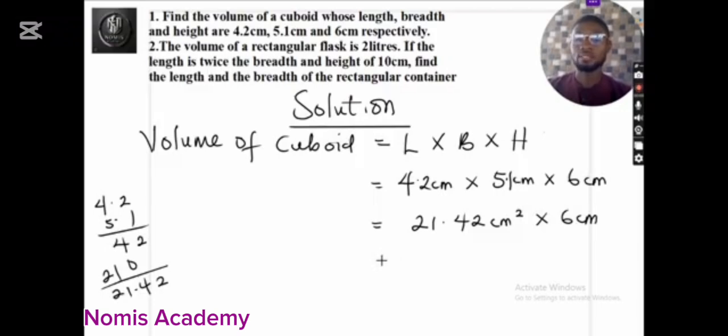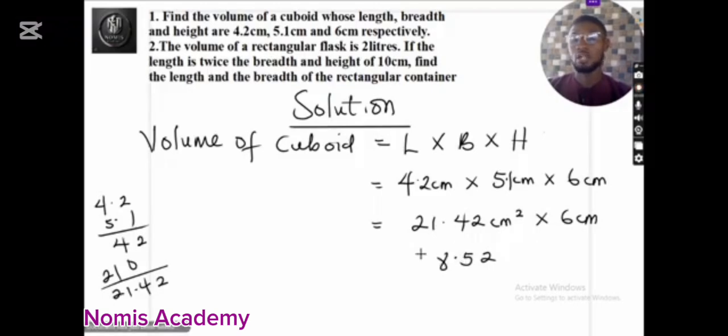So 6 times 2, that will be 12. Remainder 1. So I write 2, remainder 1. 6 times 4 is 24 plus 1, that is 25. 6 times 1 is 6, plus 2, that will be 8.